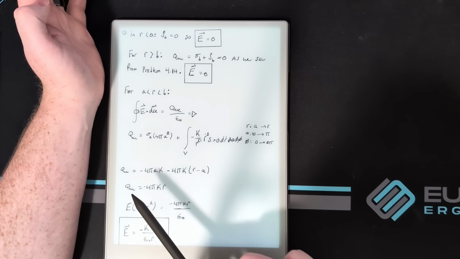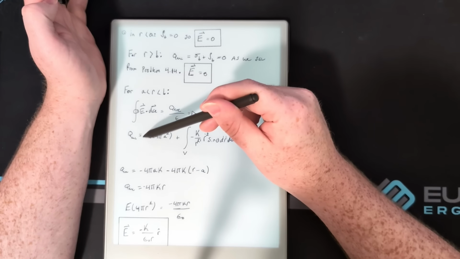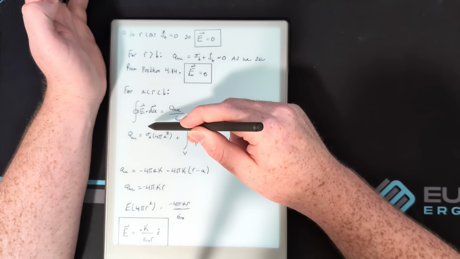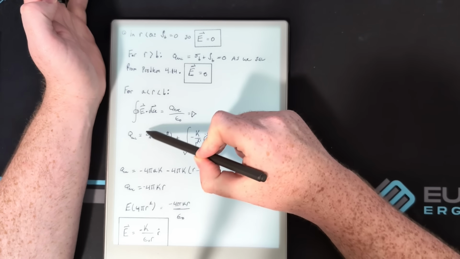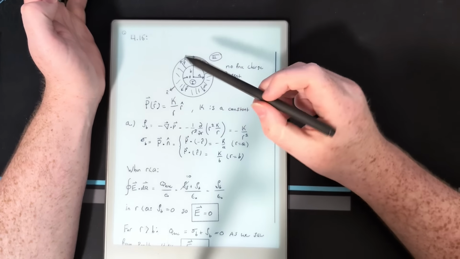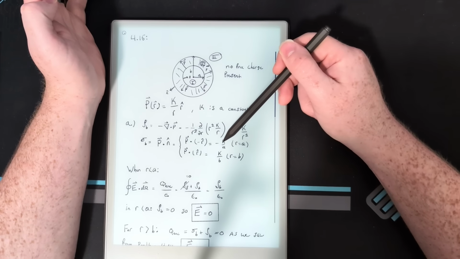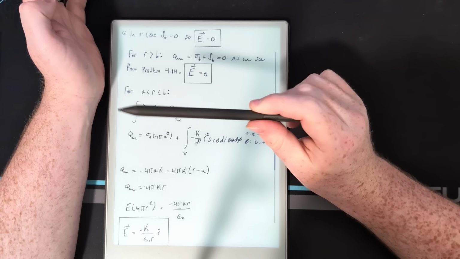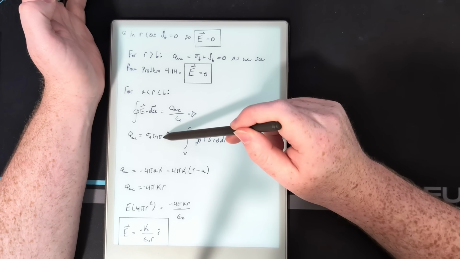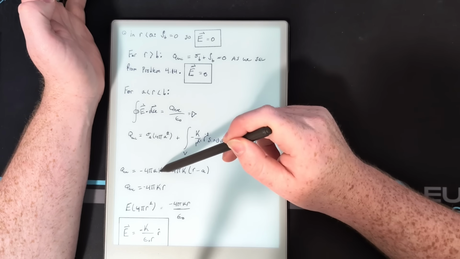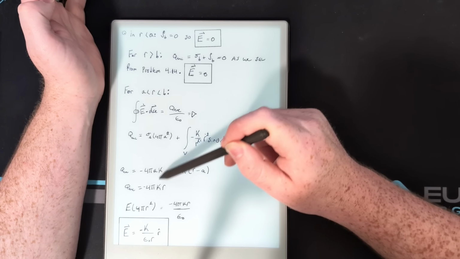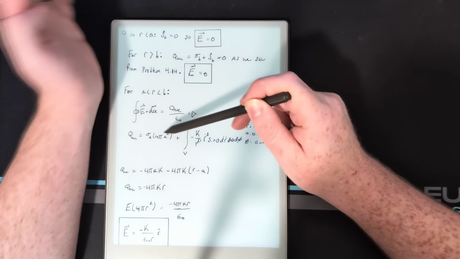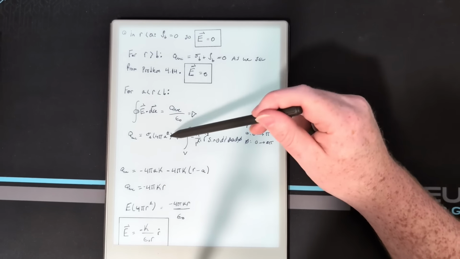So what you end up getting is here, sigma sub a. Well, what's our sigma sub a? If you go back up, it's minus k over a. So with this a squared, we have the k and the minus sign, so minus k over a, but the a on the bottom will cancel one of the a squareds from the area, so you just get a single a on top.